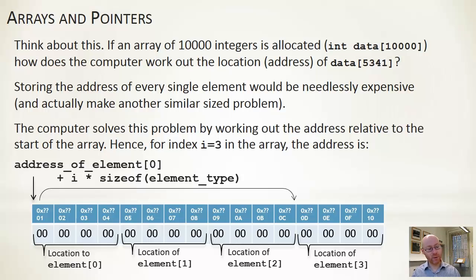You can see an example down at the bottom where if we had an index of 3, we would go to the start, we would then add on our index 3 times the size of, in this case for example, an integer, and we would then jump forward to the location of element 3 within that particular array. So a small calculation gives us a means of jumping to a location within memory.